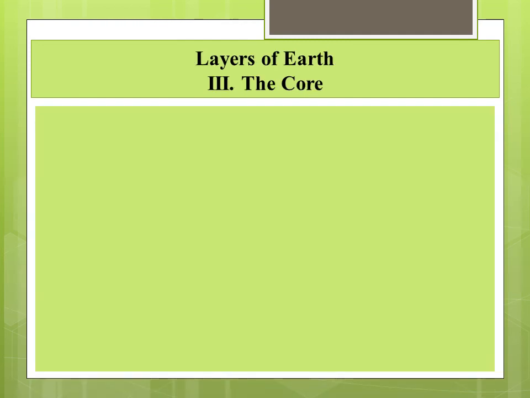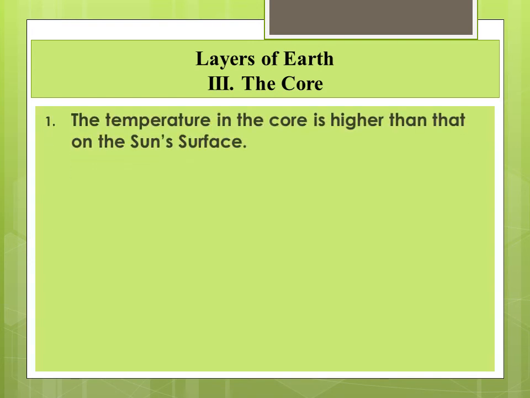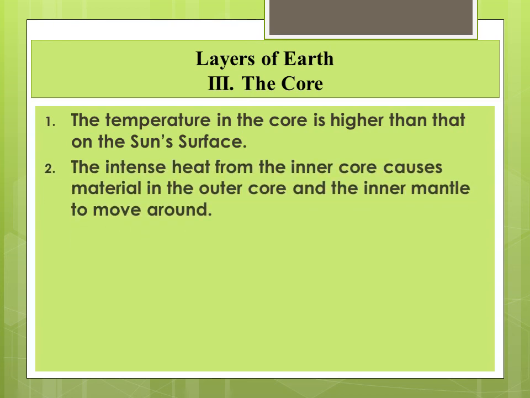Now we will discuss some important features of the third layer of the earth, the core. The temperature in the core is higher than that on the sun's surface. The intense heat from the inner core causes material in the outer core and the inner mantle to move around.